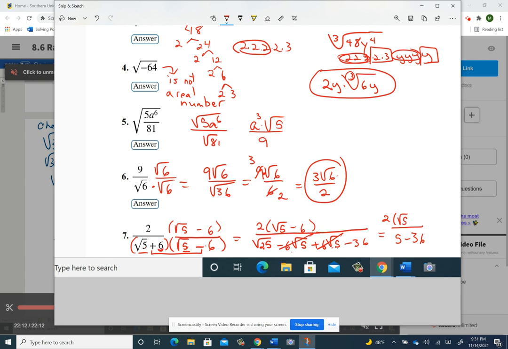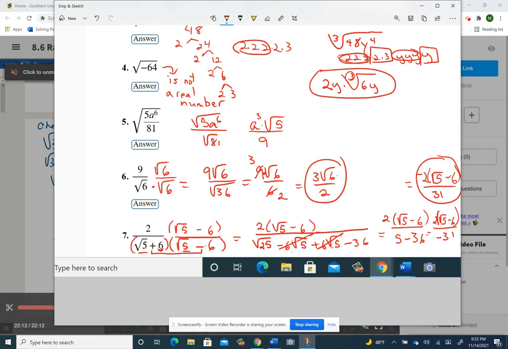And so you wind up with 2 square root of 5 minus 6, all divided by negative 31. Really, I'd like to write that negative in a slightly different spot because I think it's best to put the negative up on top. It's more clear to people. But there's nothing common between the 2 and the 31, so that would be a good final answer.